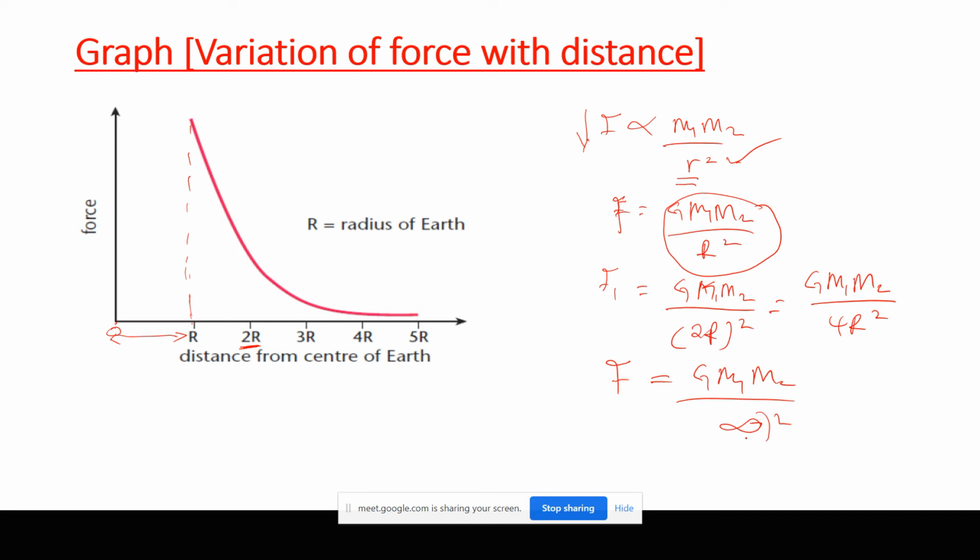At infinity, the force will tend towards 0. So when you go far away from the Earth's surface, the force on you due to the Earth's pull tends to 0. But you should be far enough for that to be the case.